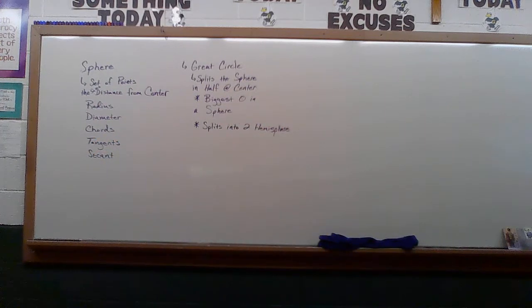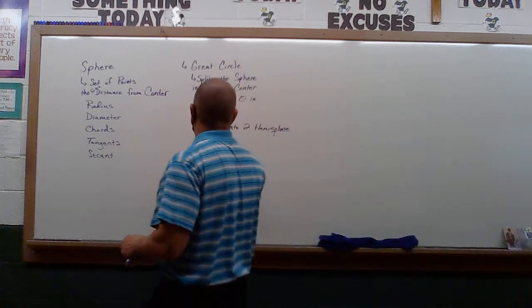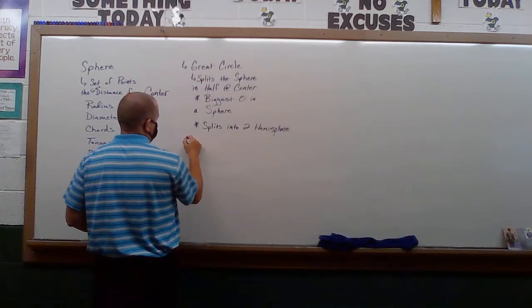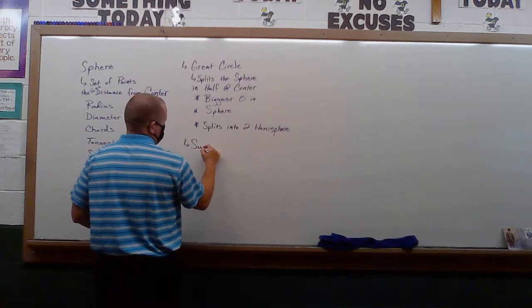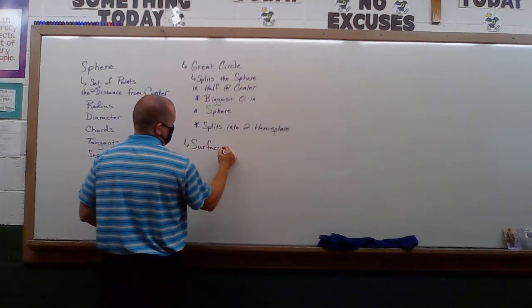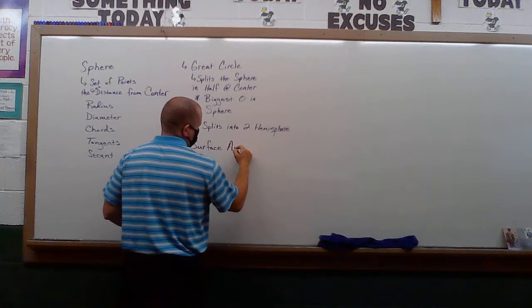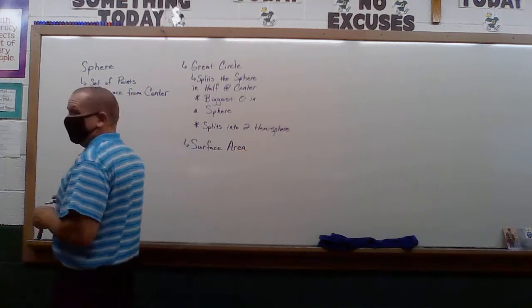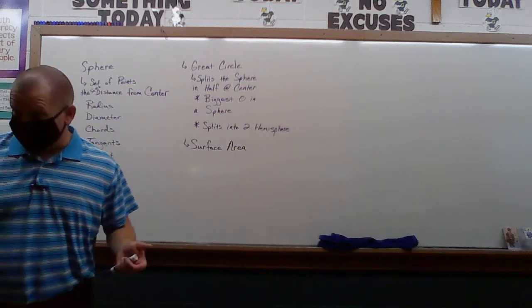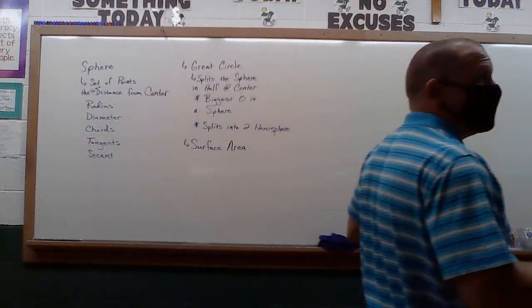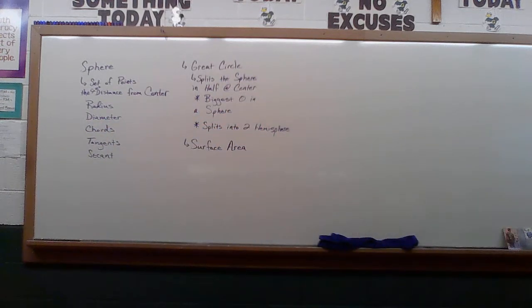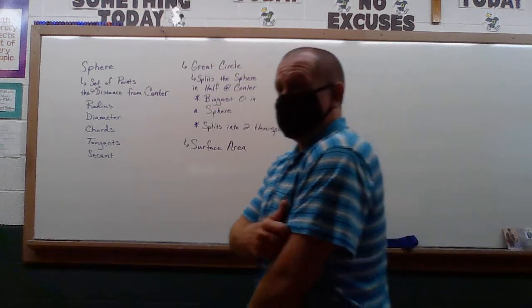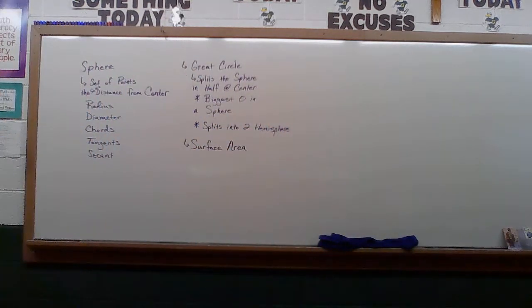Yeah? So we talk about the surface area then. So what's the surface area again? It's the amount of what? Where is the surface area of an object? On the outside, all the way around the outside, right? So if you think about all the way around the outside, it's got to revolve around the circle, right?